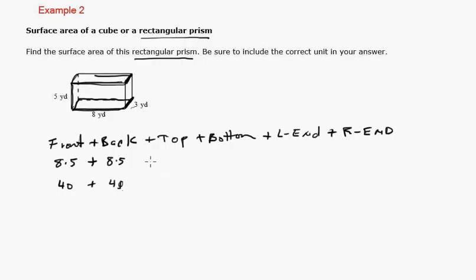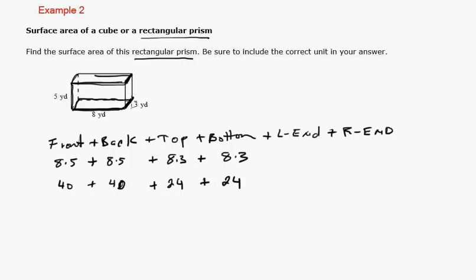So 8 times 3 is 24. Then the bottom would be the same thing, 8 times 3 is 24.